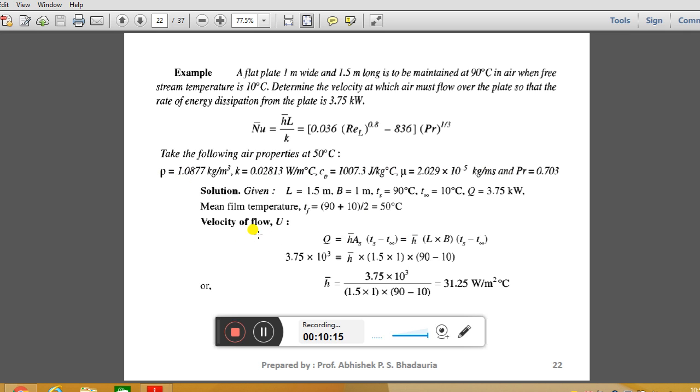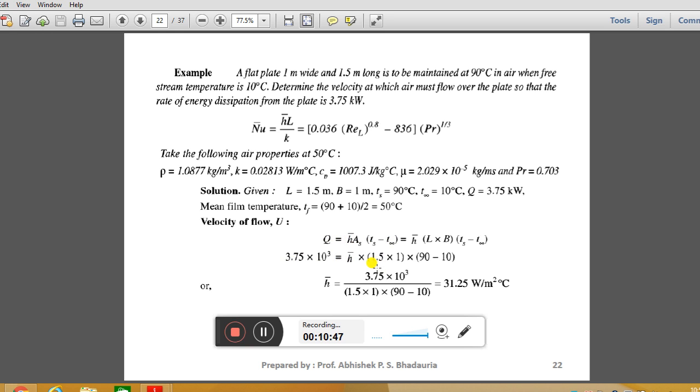Now, what is to be determined? We have to find the value of velocity. So how will you find velocity? Let's first find the value of h. How can I calculate the value of h? By applying Newton's law of cooling. Q is equal to h A delta T. The value of Q is given, it is 3.75 kilowatt, so convert this into watt. The h value we have to find.